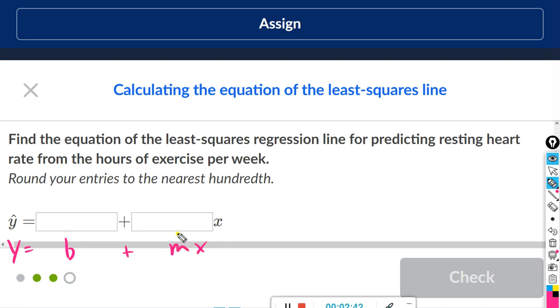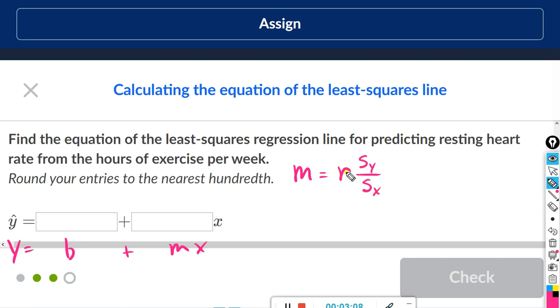Okay, so in order to find m, the slope, the formula for that is going to be R, which is the correlation coefficient, times the standard deviation for the y divided by the standard deviation for the x's. Now, if it helps, I'll write it differently.